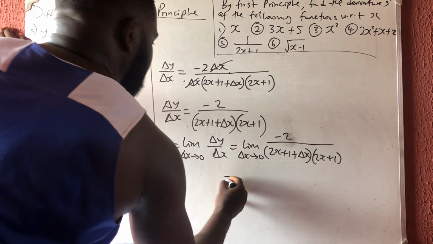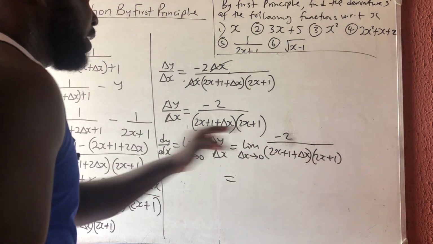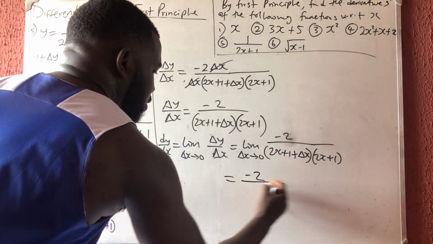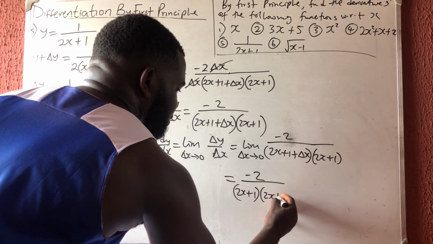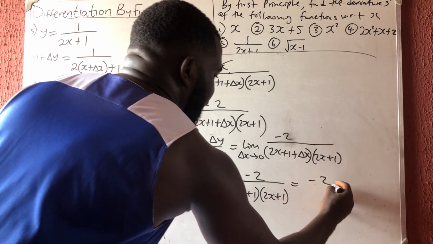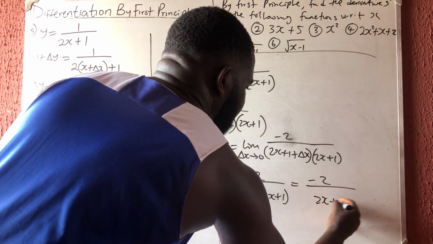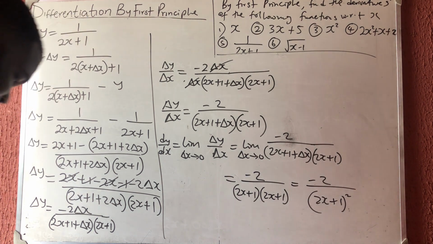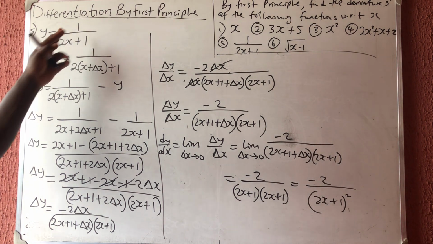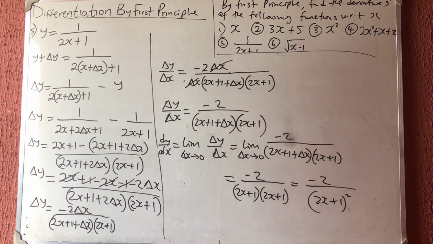So if you substitute the 0 here, you will be left with minus 2 all over 2x plus 1 times another 2x plus 1. Which will give you minus 2 all over 2x plus 1 all squared. So that is the differentiation of that. All right. To differentiate this is what you are going to get.